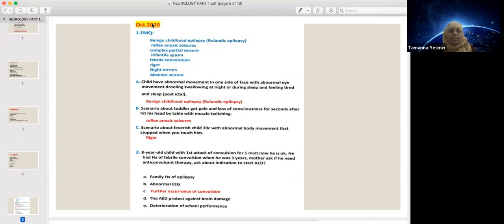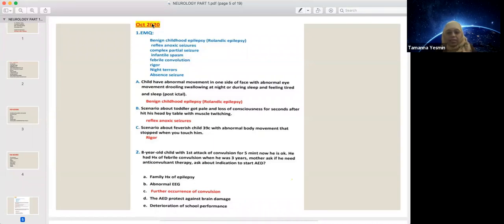We have to take a detailed history, examine the child, and do certain investigations. If the EEG pattern is suggestive of absence epilepsy or myoclonic epilepsy, we can do EEG, because there are certain types of change we can see, right?